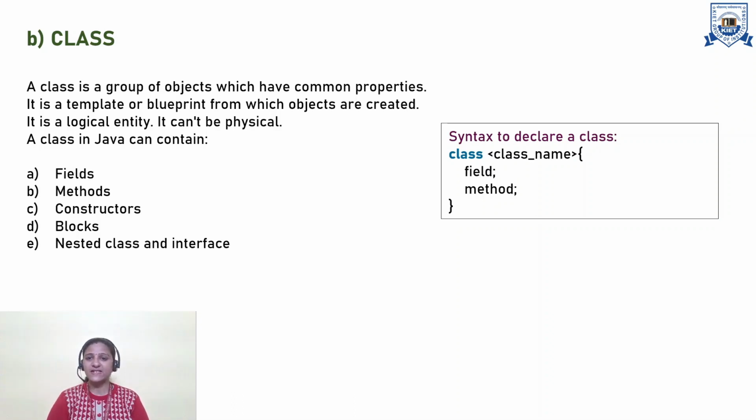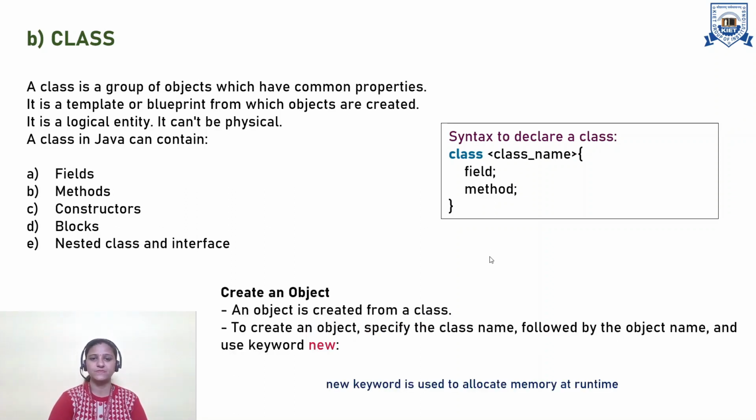The syntax to declare a class is we give the class keyword followed by the class name. It has the attributes, or you can say the fields, and the methods inside it. Now how can we create an object from this class?